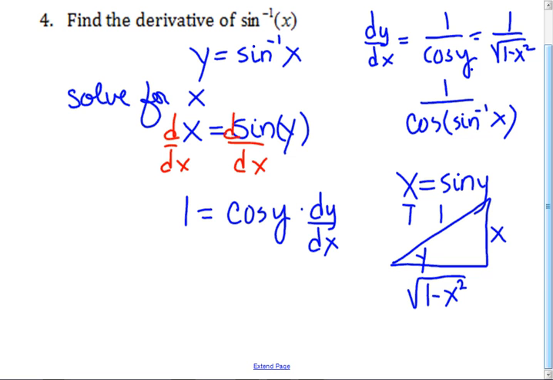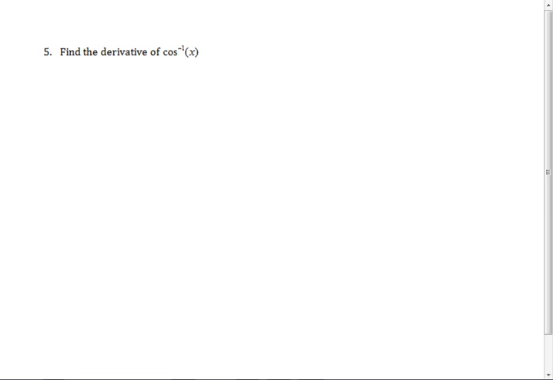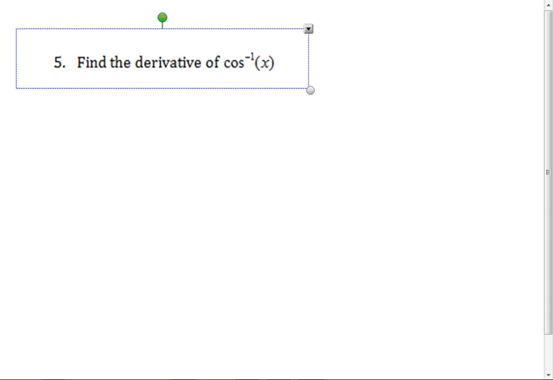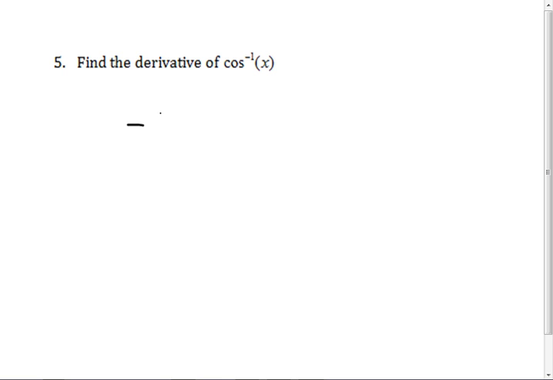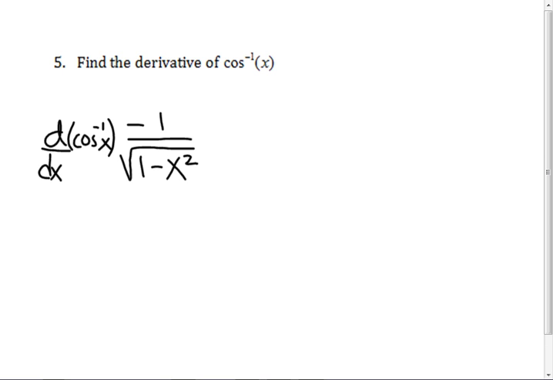Okay. And we'll get to some with some chain rule in it. Okay, what about this one? Remember, all the cofunctions are negative. So that's an easy way to remember this. And now, there's 2 answers if you try to integrate this. The derivative of inverse cosine, I'll write it out, equals that.